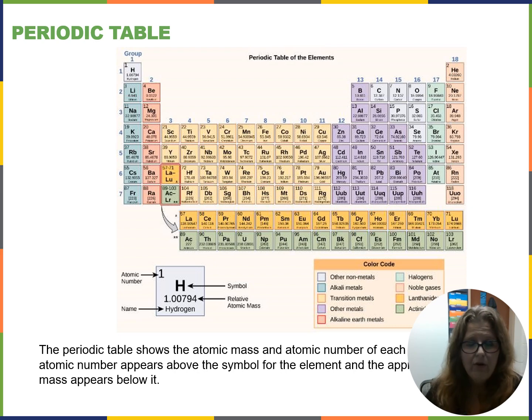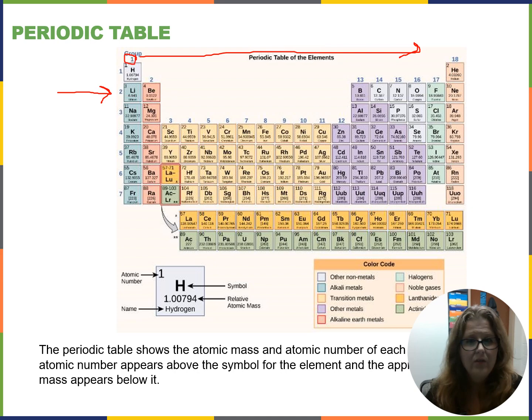And here's that lovely periodic table. So again, I hit on this on one of the other slides. Let's look at this hydrogen one right here. We have the atomic number, and just to make sure, they go this way, and then you come back down and go this way.